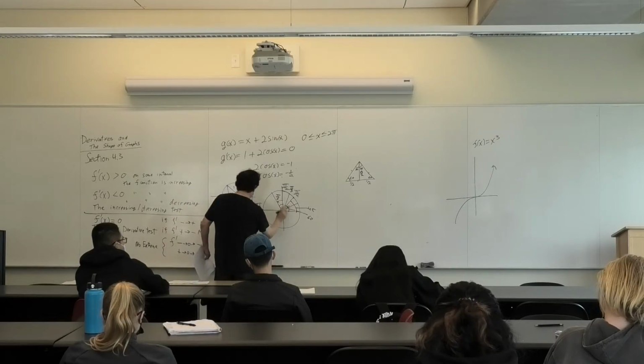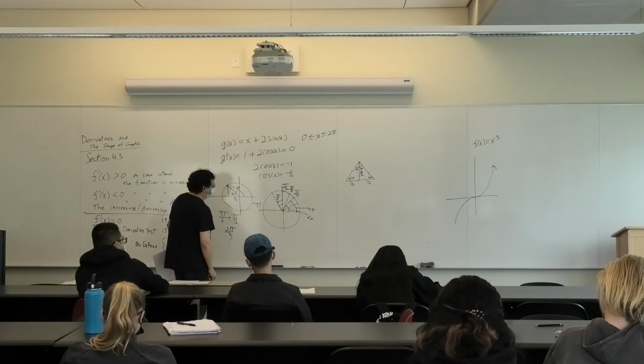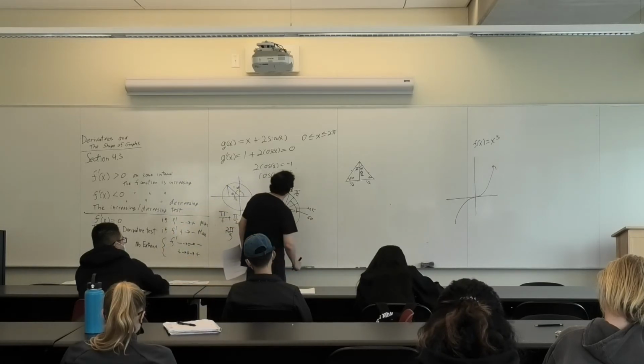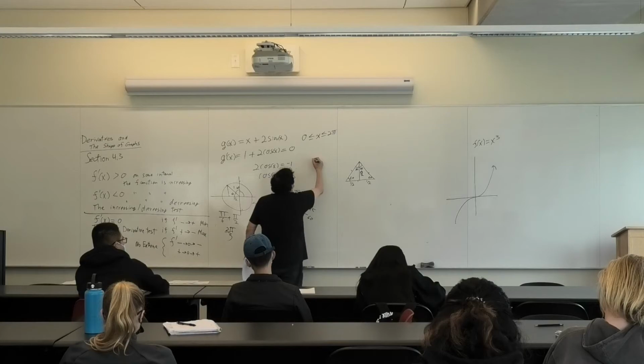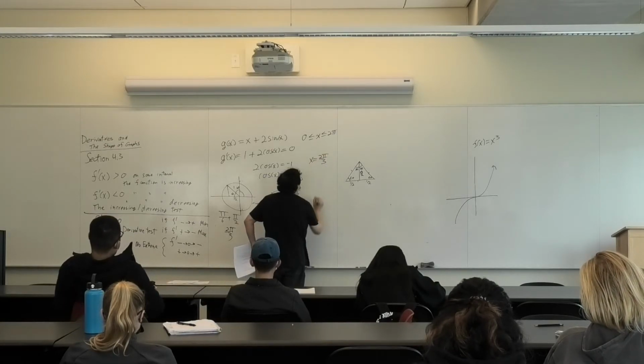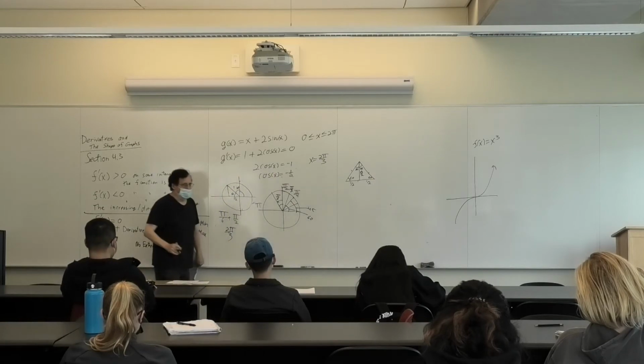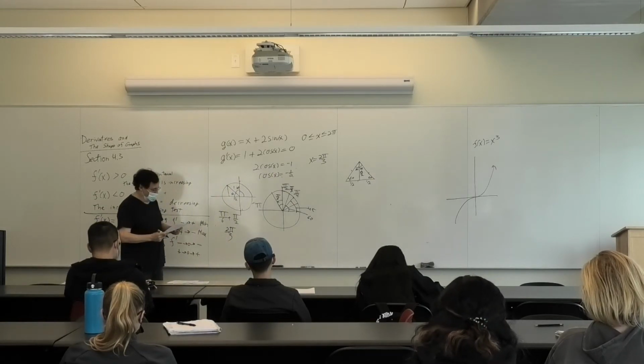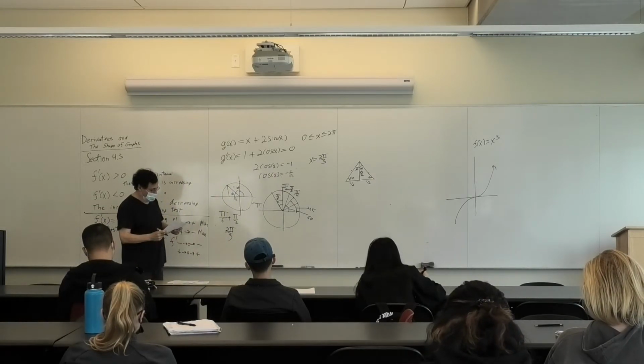Yeah, you're right. Okay. So x is 2 pi over 3. Are you happy with that? I'm not happy with that, but everyone else is.